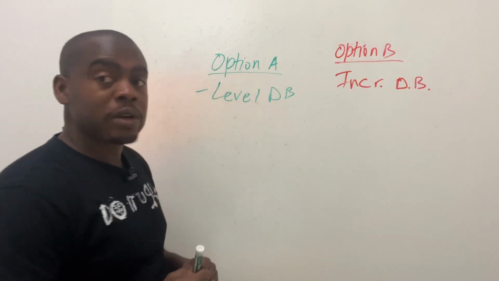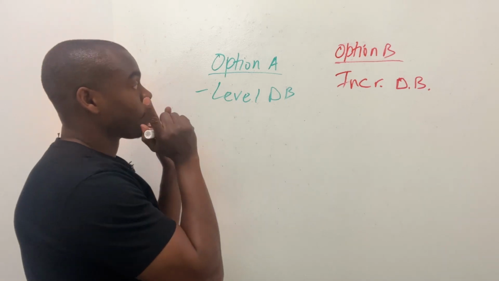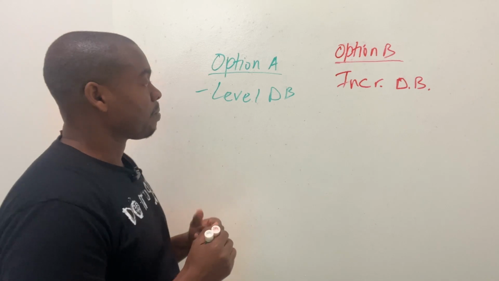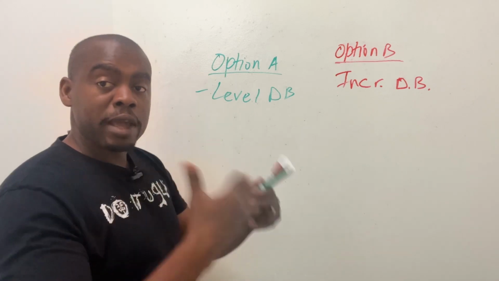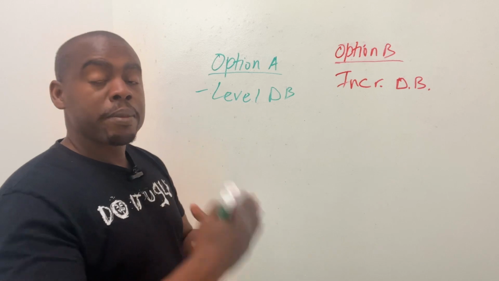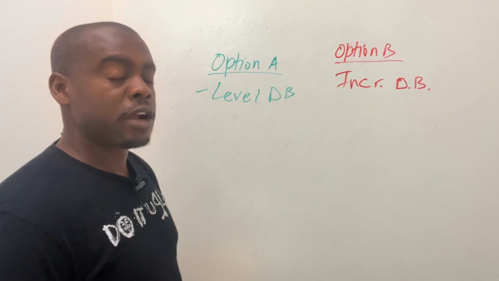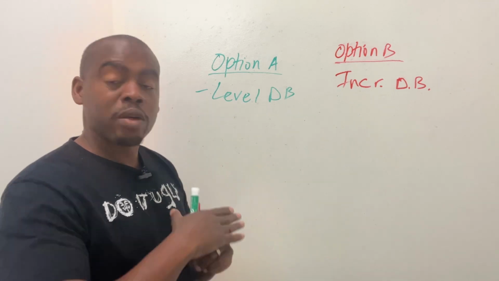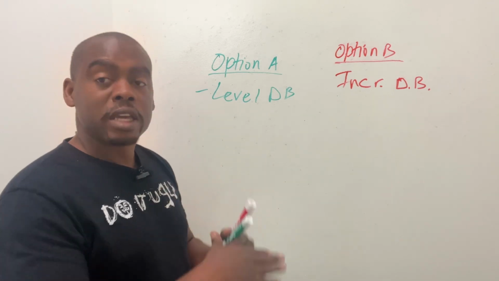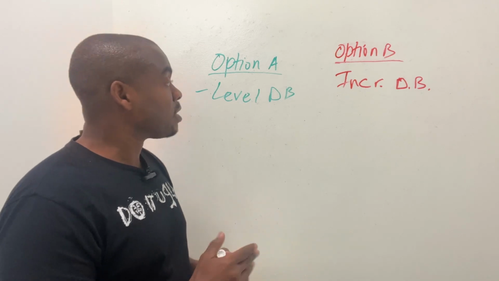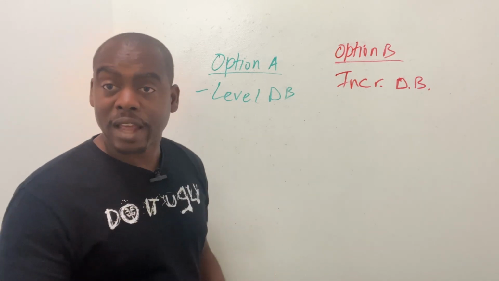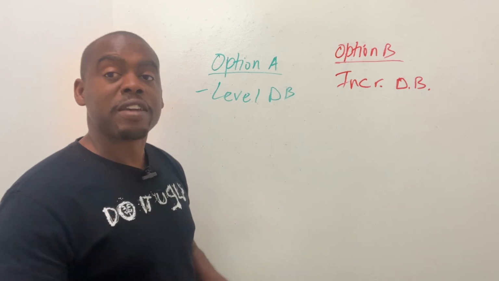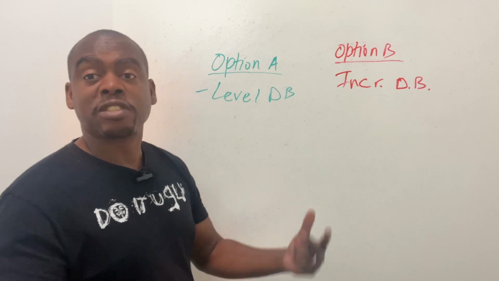What does that mean? Let's start with option A, level death benefit. Level death benefit is basically when you pay your premium, even though you're paying your premium year after year, the death benefit stays level. It doesn't go up at all. So throughout the entire policy, if it was $500,000 in death benefit, that's what it will remain over a long period of time, unless the cash value catches up.